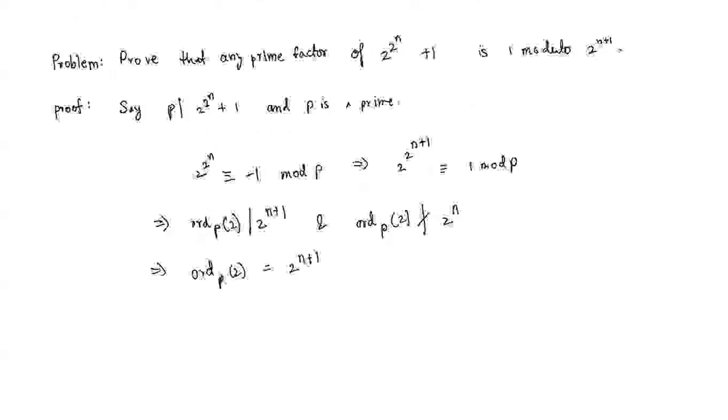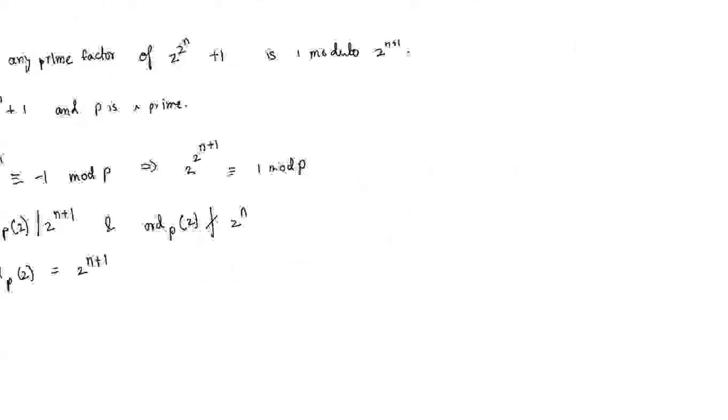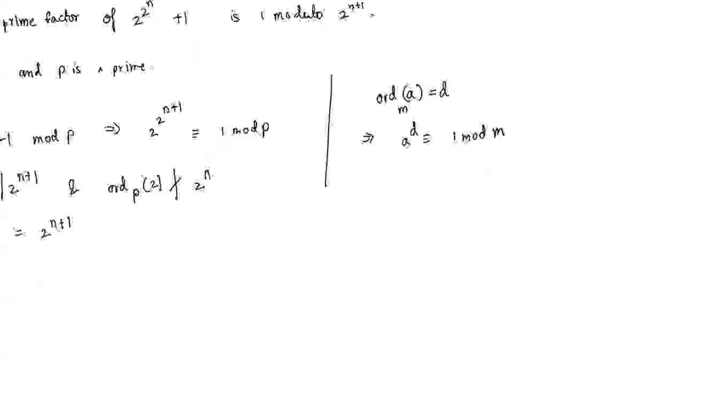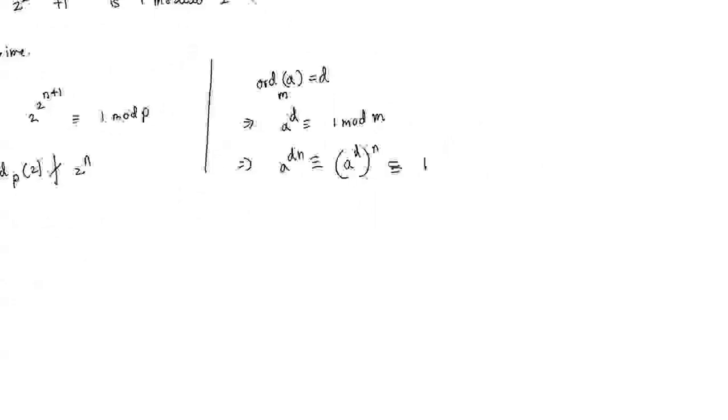I think I did not mention it properly, but if the order of A mod M is D, then we know that A to the power D is congruent to 1 mod M. And that implies that any multiple of D, say Dn, would also give 1 mod M. So A to the power D is 1 mod M.